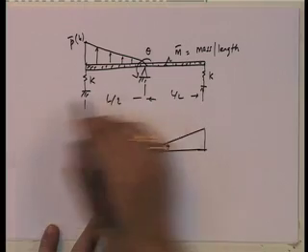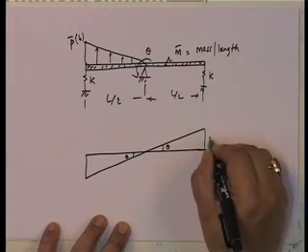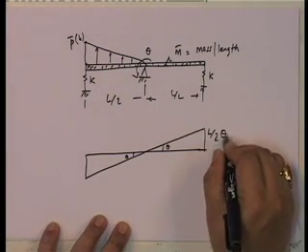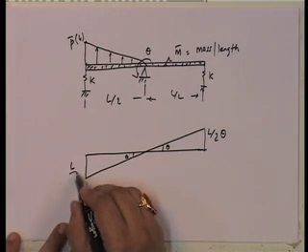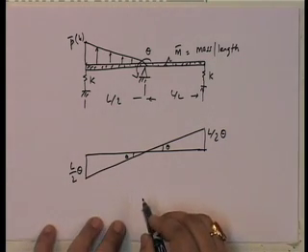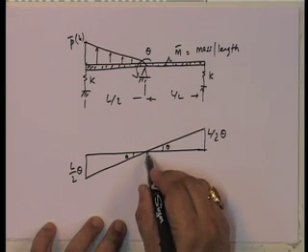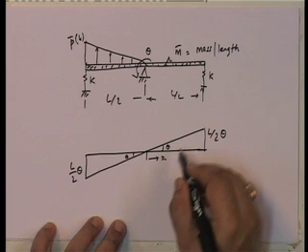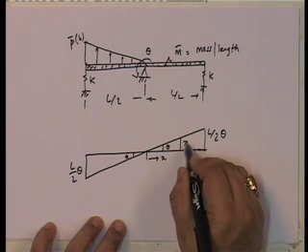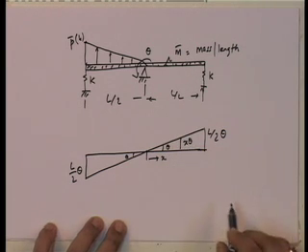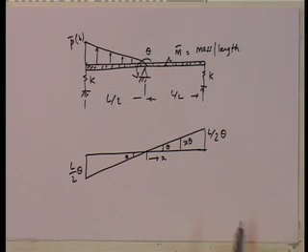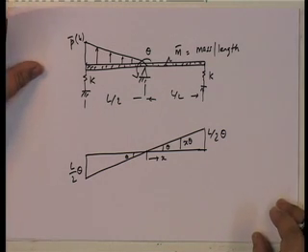So, the total length of the bar is L. Over here I have L by 2 theta, this is also L by 2 theta, and at any point, my x I am going to take as positive in this direction. So, this is x theta. This is my displacement.